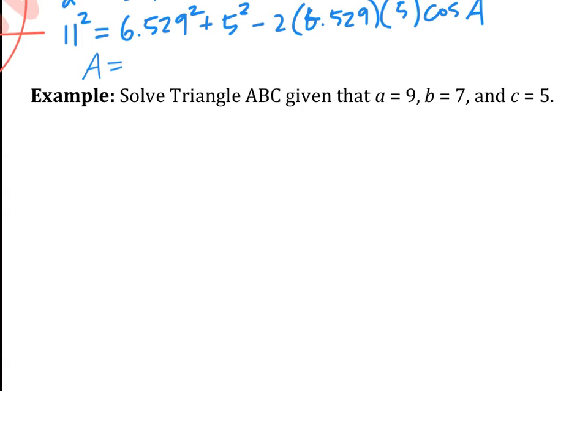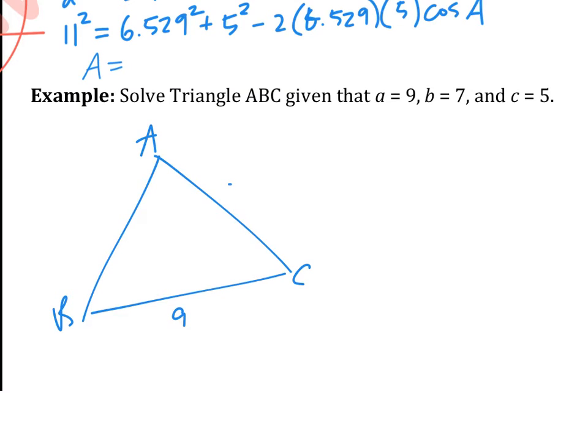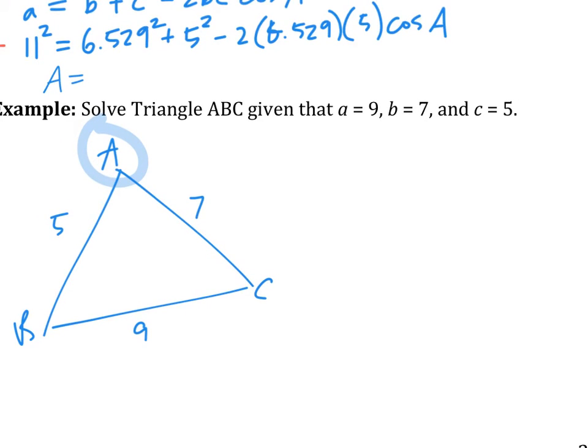Okay, let's try one more, and we're going to move on to a different kind. Solve the triangle ABC, where A, B, and C are 9, 7, 5. All right, I'm going to help you get started with one angle. Which angle do you guys want to solve first? A? Okay, I guess it doesn't matter. A. So then you have to use the opposite side.